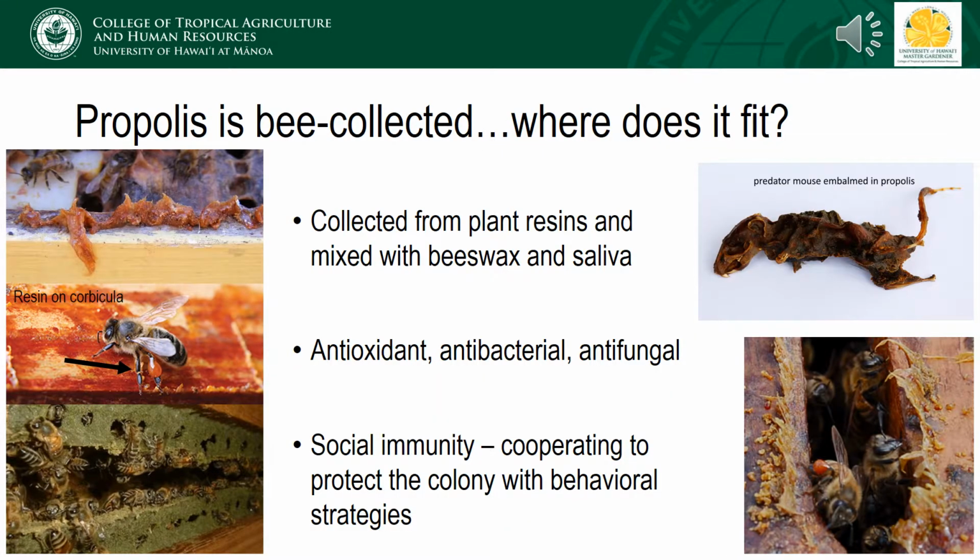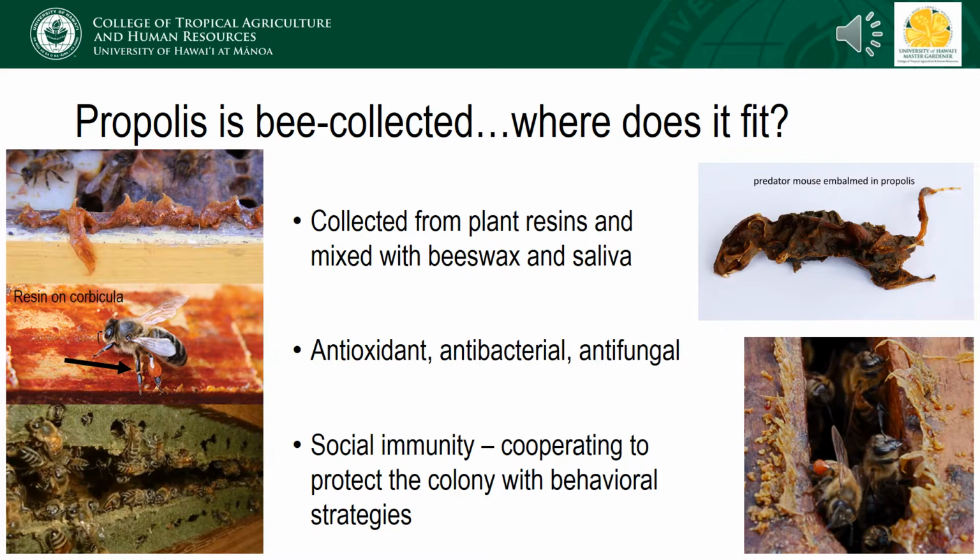There's one more bee product related to health and nutrition that hasn't been discussed yet, and that's propolis. Honeybees will collect tree resins and mix these with beeswax and saliva to create this bee product, which they use as a sealant and glue inside the hive.